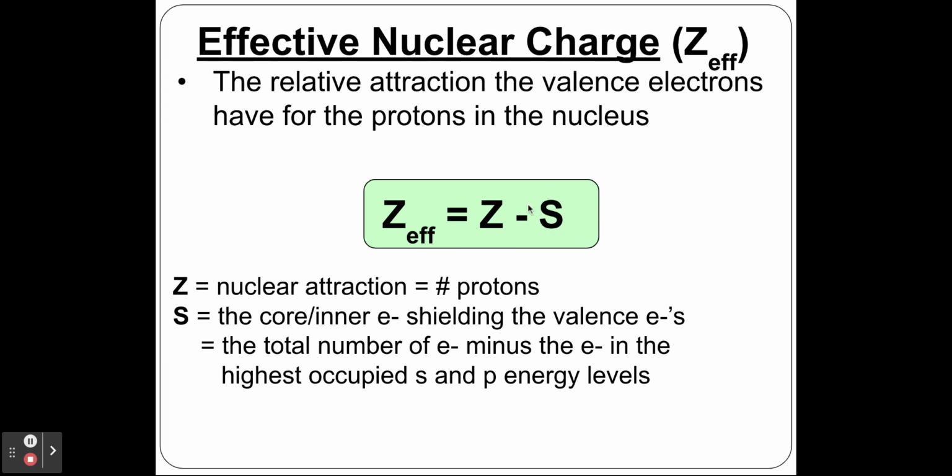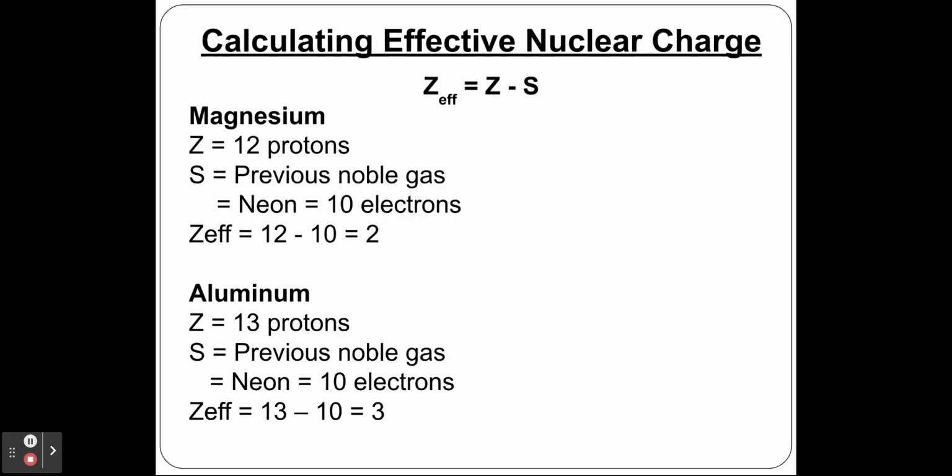And then we're going to subtract the S, which is the core electrons, the inner electrons, and they're going to be shielding the nucleus. So you can think of S as shielding electrons or inner core electrons. So the number of core electrons, we're subtracting that from the total number of protons. And so therefore, that's going to leave us with a certain number of protons that aren't shielded. And that's the effective nuclear charge that the valence electrons are actually feeling.